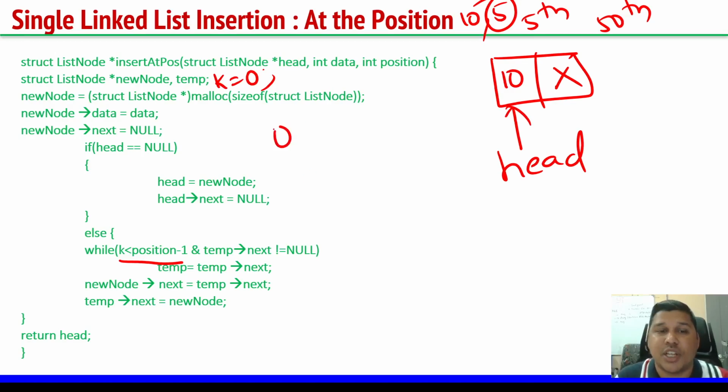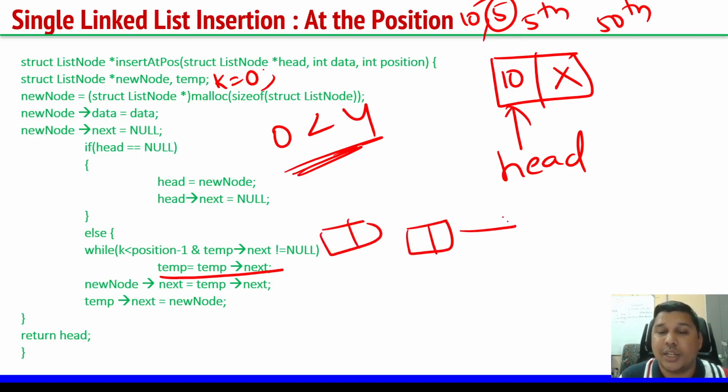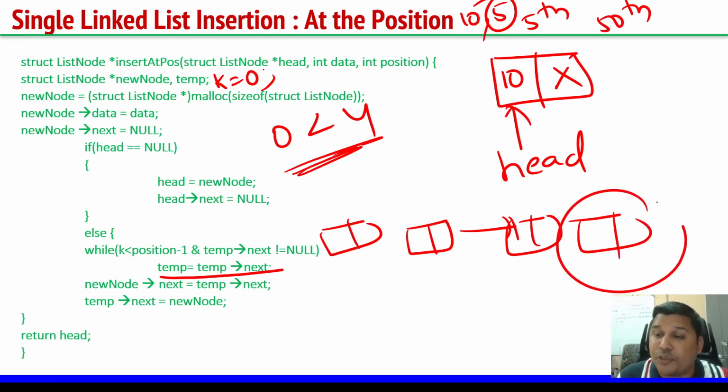So k means 0 less than 4. Till this is true, you keep iterating. What will happen with this while loop? Inside the body, what do you have? Temp equal to temp next. So you are moving forward from the head node to the next node, then to the next node. Like this you will reach the 4th position. This will be your temp now.